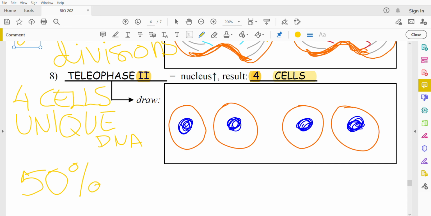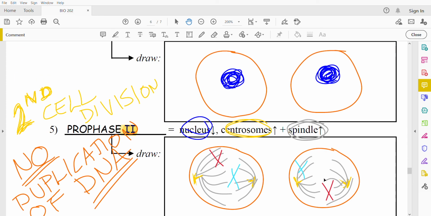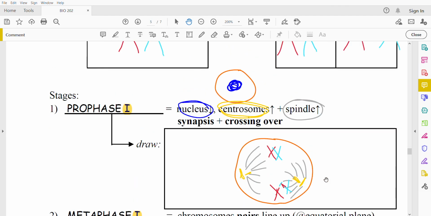So we have halved the amount of the DNA because there was no DNA duplication before the second round of cell division. Now we're only going to have 50% of the DNA in each of these resulting daughter cells. So that's the process of our meiosis.